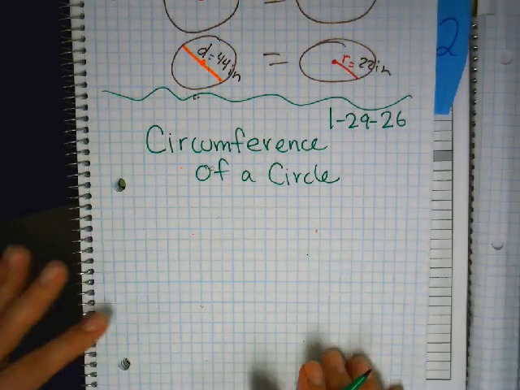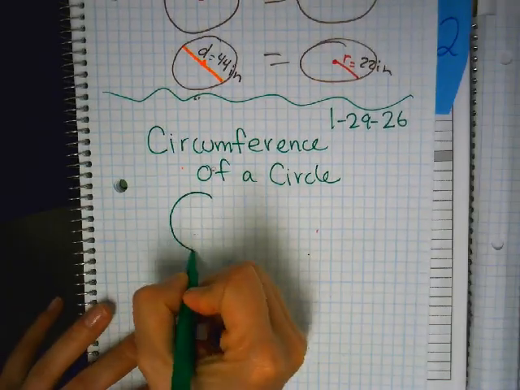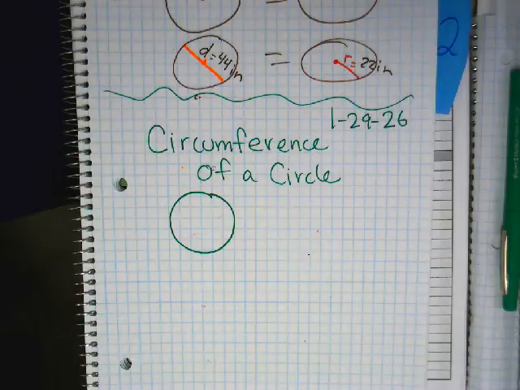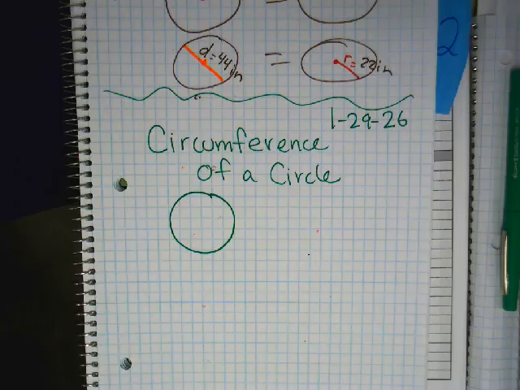Circumference of a circle. So we have a circle, right? Circumference is part of a circle. Does anybody know what part we're talking about when we say circumference? It's a brand new topic. Did anybody hear it in Avid? Nothing? Okay. Circumference, I'm going to draw it on the circle.